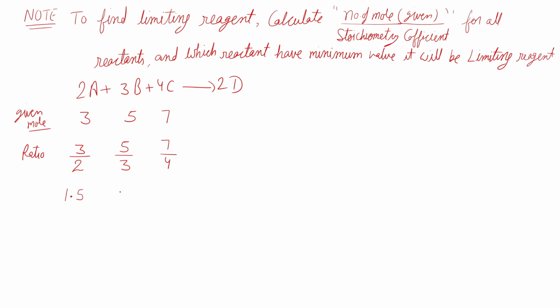So 1.5, then the value will be 1.67 from this, and from the other it will be bigger, which is obvious. Okay. So now you can see it is the minimum value we have, it means it is the limiting reagent we have. Okay.